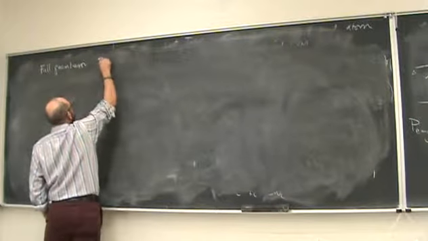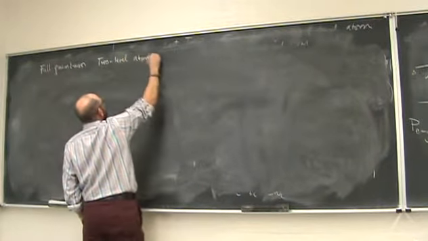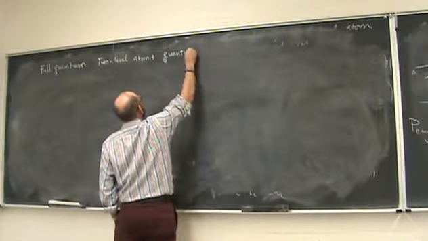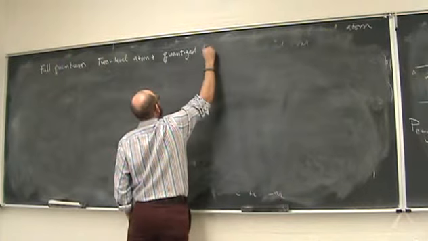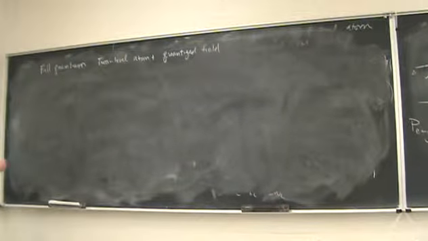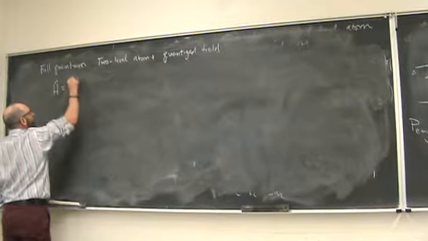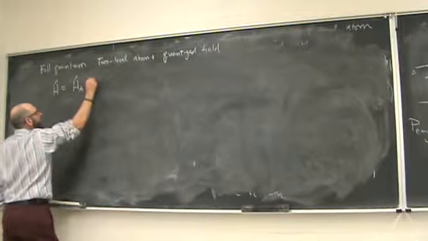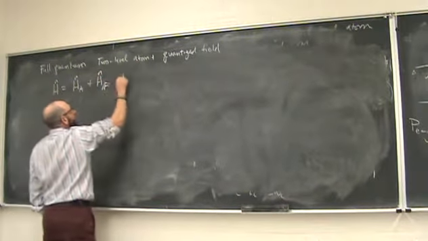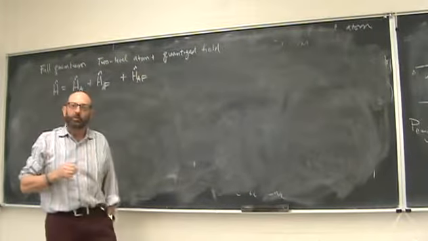Two-level atom plus quantized field. Okay? So now what I have is the Hamiltonian for the atom, but I also have the Hamiltonian for the field and the interaction between the atom and the field.